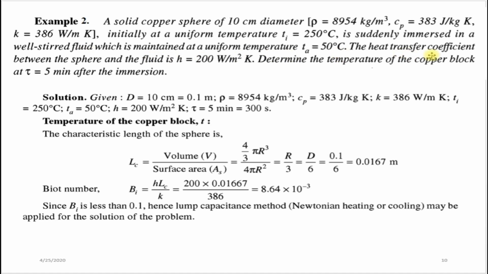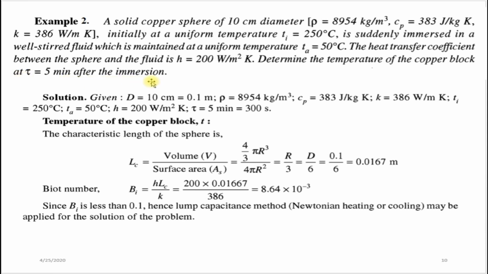The heat transfer coefficient between the sphere and the fluid is 200 watt per meter square Kelvin. Determine the temperature of the copper block at time t equal to 5 minutes after the immersion.